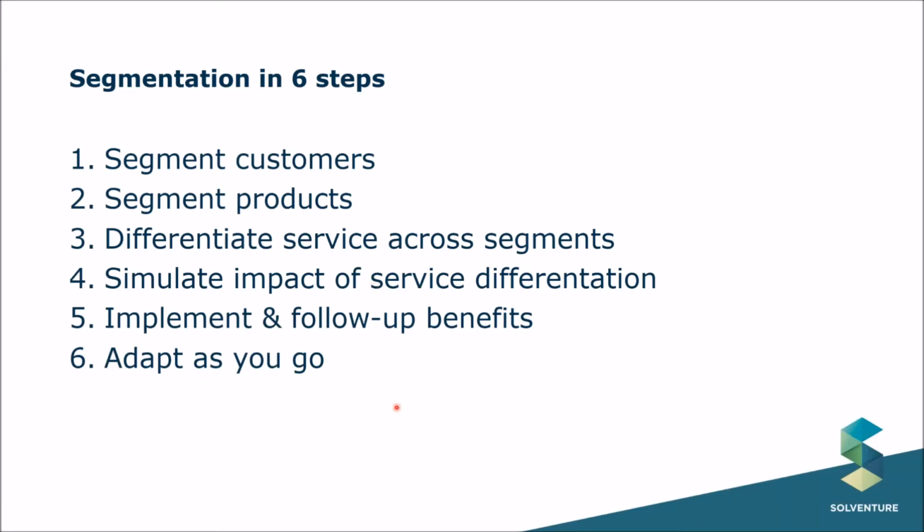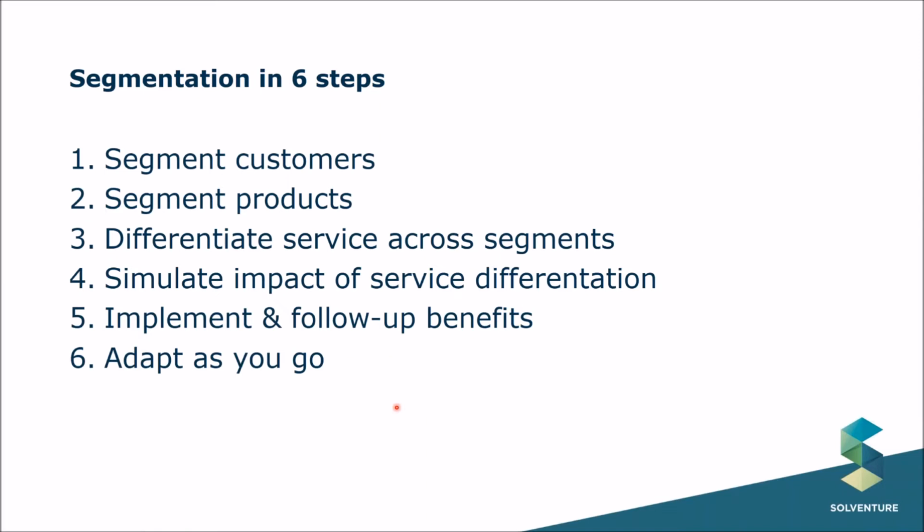The first 2 are, I will need to segment my customers, and you will need to segment your products. And once the segmentation of customers and products is done, you can start to differentiate service across the segments. Services we will see later on, but do I want to offer the same service to all my customers or to all my products? So that will be step 3.